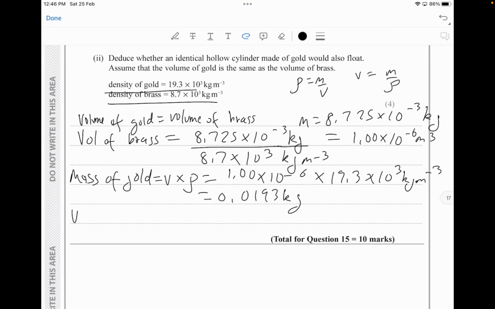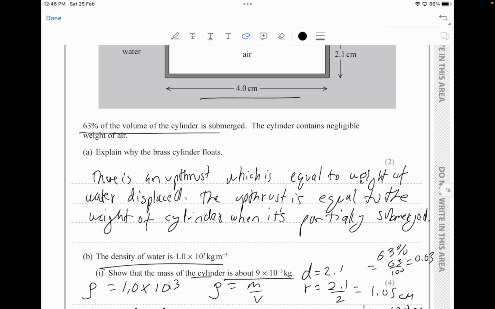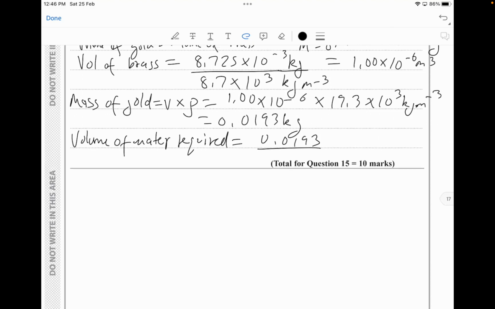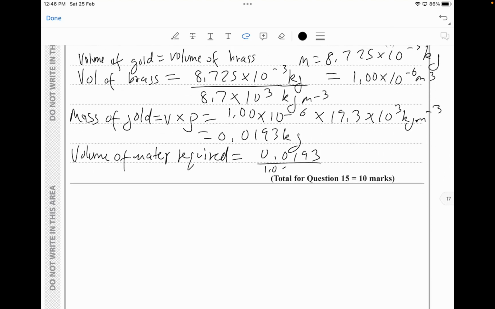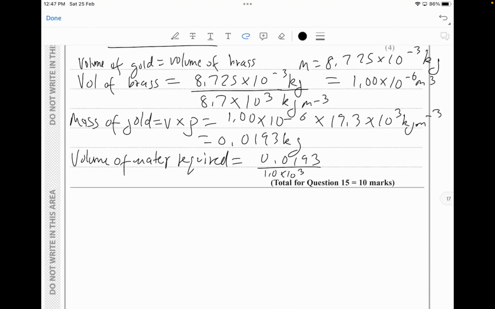Now we can calculate the volume of water required. In order to do this, we have to do 0.0193 and divide it by the density of water. The density of water is given to us here as 1.0 times 10 raised to the power of 3 kilograms per meter cubed, and we know that this is in kilograms.